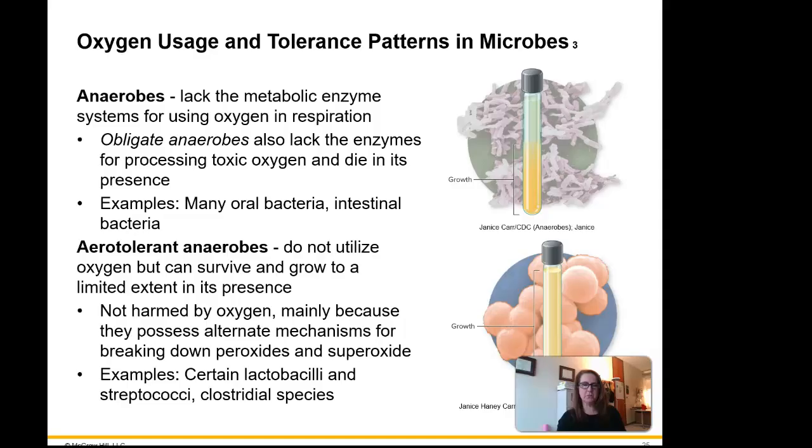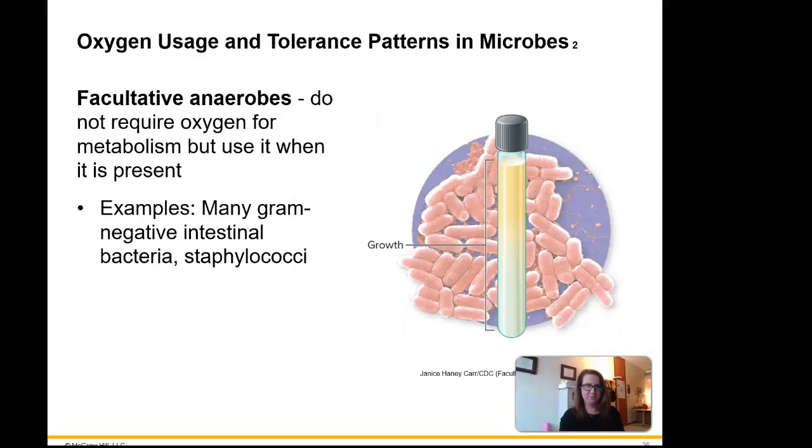So when we eat yogurt, we are ingesting lactobacillus, and these take up residence in our large intestine. Streptococcus, so we have streptococcus in our throat, and clostridial species, so thinking about Clostridium difficile being in the large intestine. Now the streptococci that would be these aerotolerant anaerobes are not likely to be in the throat. They're likely to be somewhere else in the body where there's just not that much oxygen around.